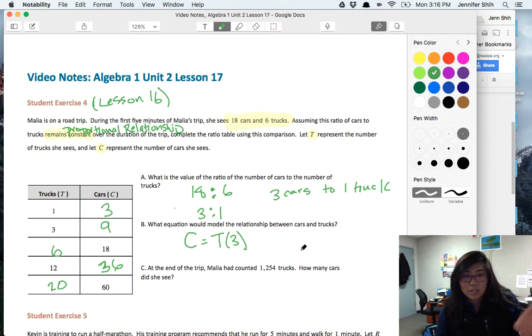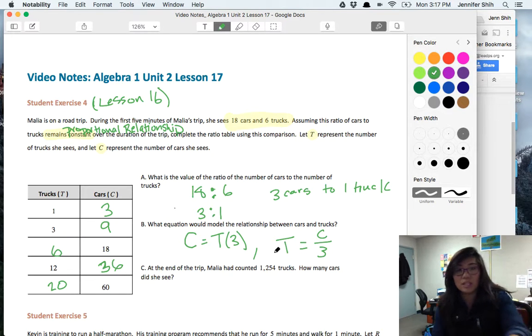The other way to do it is if we have the number of cars and we divide the number of cars by 3, we're going to get the number of trucks. So there are 2 equations that we can use for this.